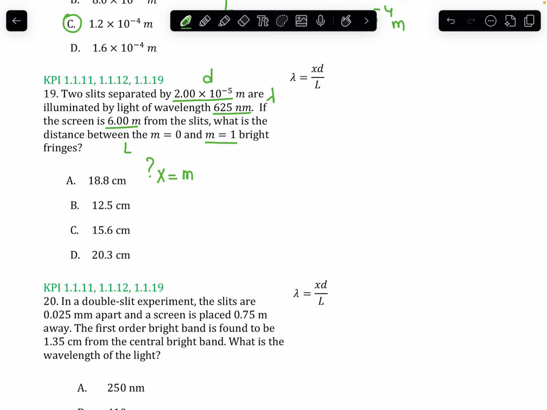So it is M lambda L over D, which is 1 times 625 times 10 to the power of negative 9, L is 6, divided by D, 2 times 10 to the power of negative 5. So the answer is around 18.8 centimeters.